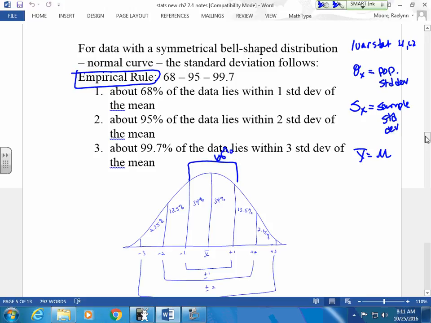Okay. Plus or minus 2 says 95% of my data sits there. If I'm 2 standard deviations above, if I'm 2 standard deviations below, I find almost all of my data, 95%.